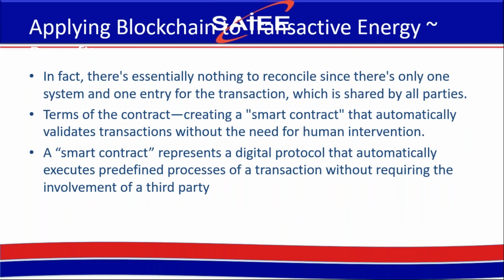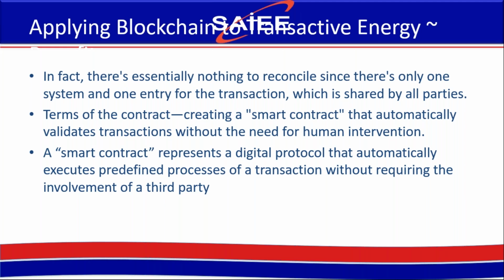In terms of the contract, you create a smart contract that automatically validates your transaction without the need of human interaction. That's one good thing that blockchain brings. If you are dealing with the DSO, there are things that you need to sign with the system operator. In a system where you're using blockchain, you don't.